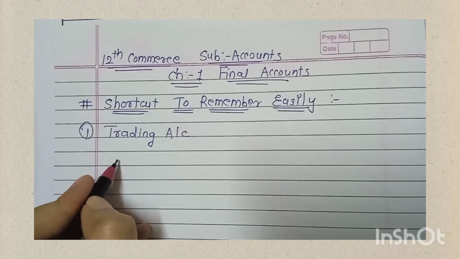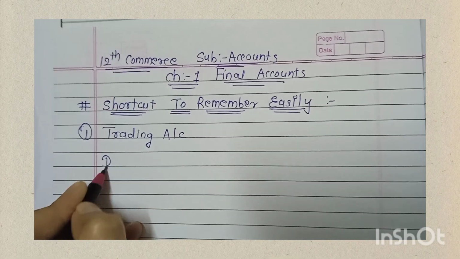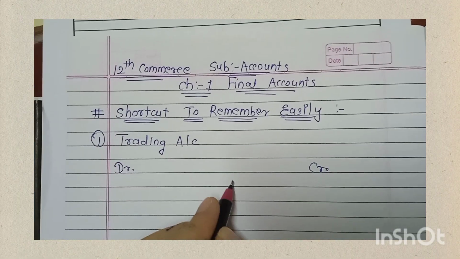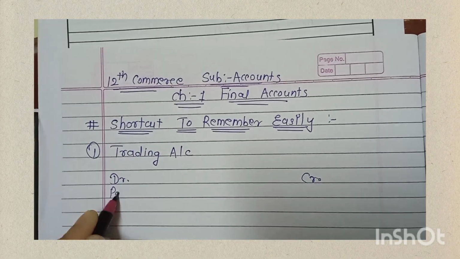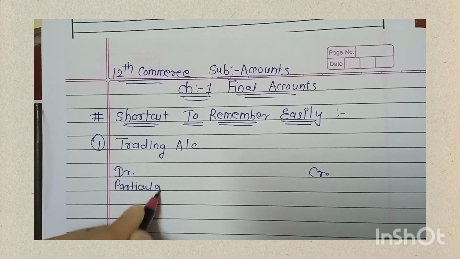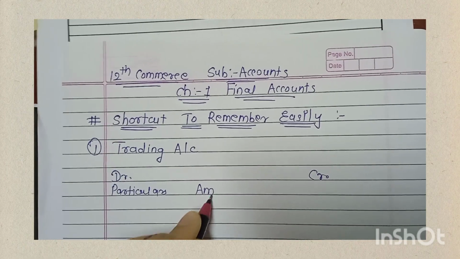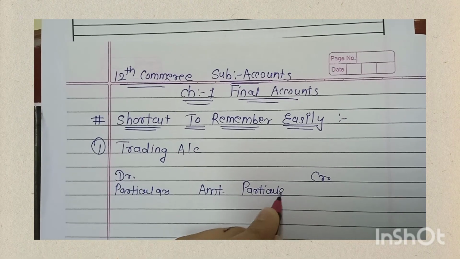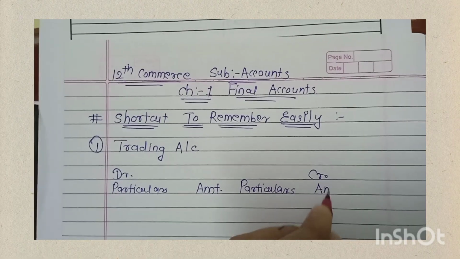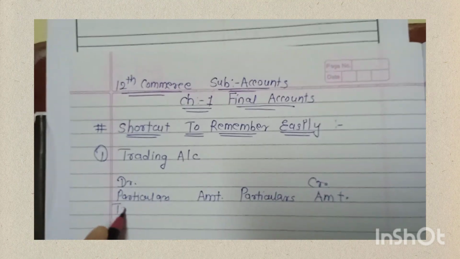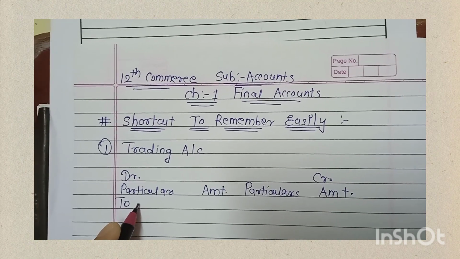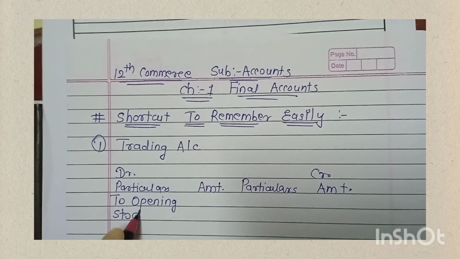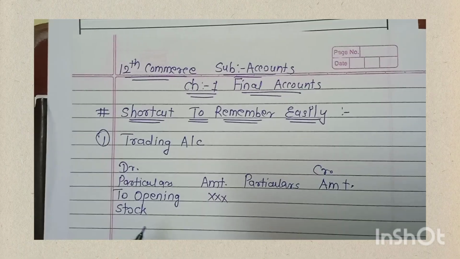Okay, so first I am preparing the trading account. In the trading account there is a debit side and a credit side, with particulars and amount on each. On the debit side, we all know it is opening stock with some amount.